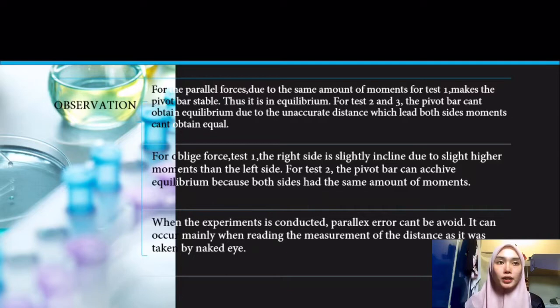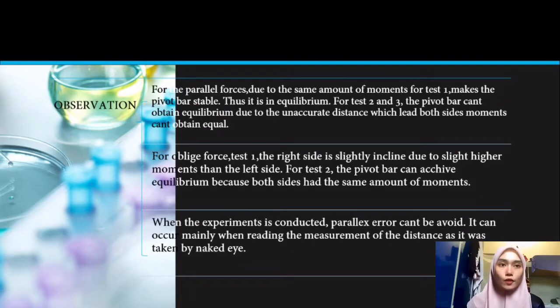For the parallel forces, the same amount of moments in test 1 makes the pivot bar stable, so it is in equilibrium. For tests 2 and 3, the pivot bar can't obtain equilibrium due to inaccurate distance, which leads both sides' moments to be unequal.